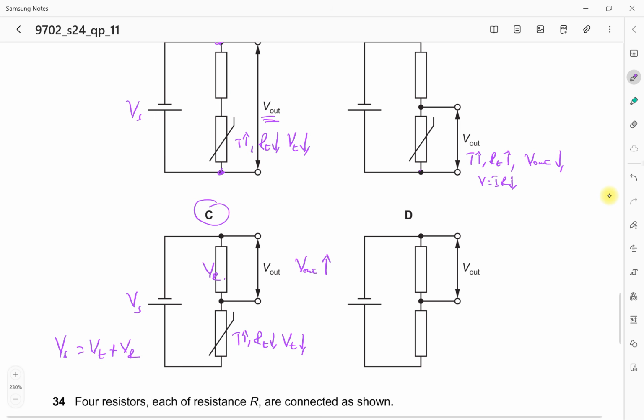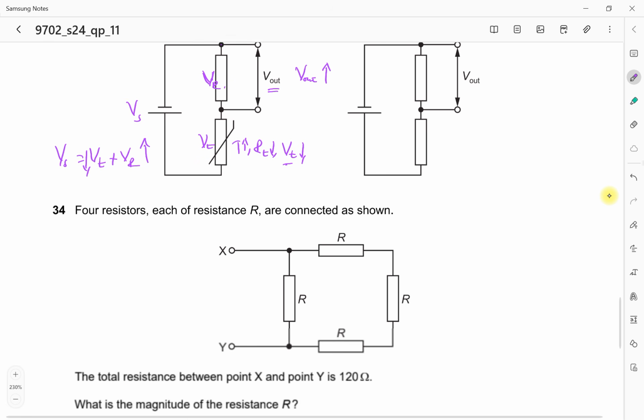So the sum should always be the same. Since V out is measured across the fixed resistor, when VT becomes smaller, VR becomes bigger. So when temperature increases, V out is becoming higher because it is measured across the fixed resistor, whose PD increases because the current in the circuit has increased. So the answer is C.